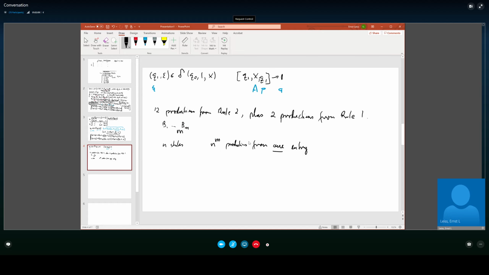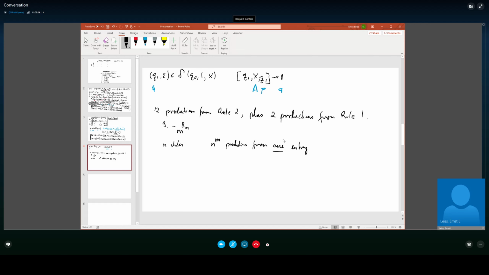So that is, as I hinted, definitely the ugliest construction that we have in this course.